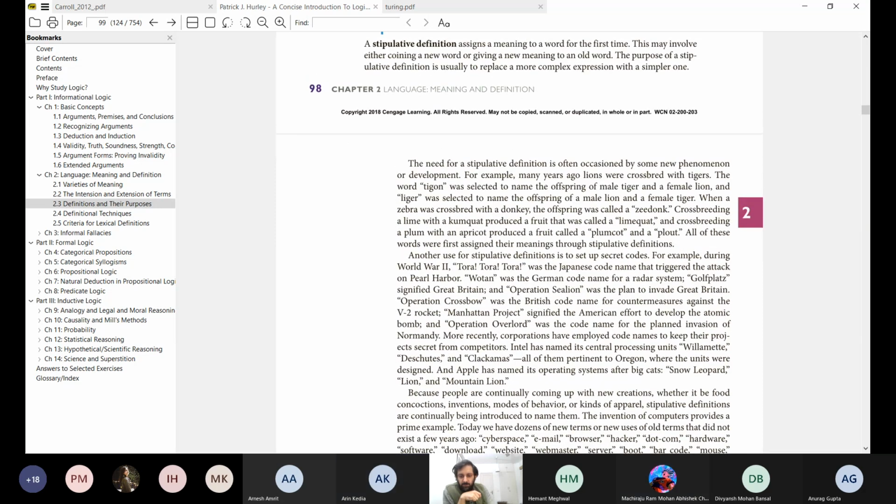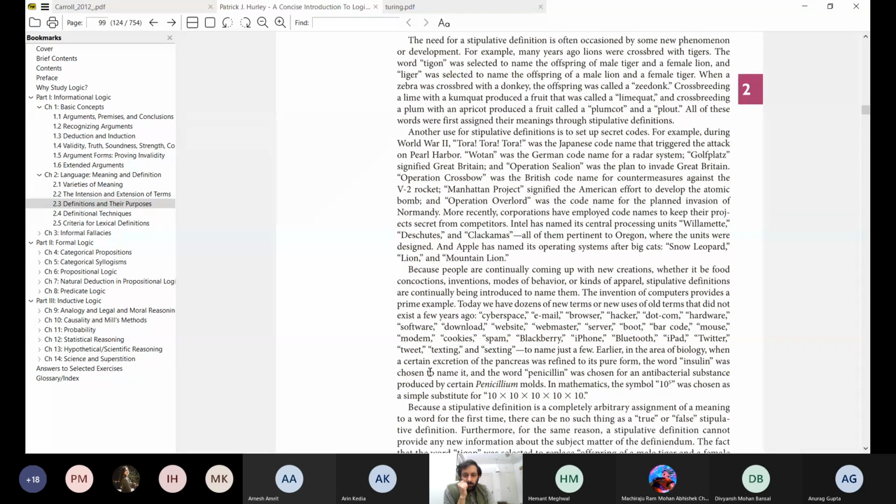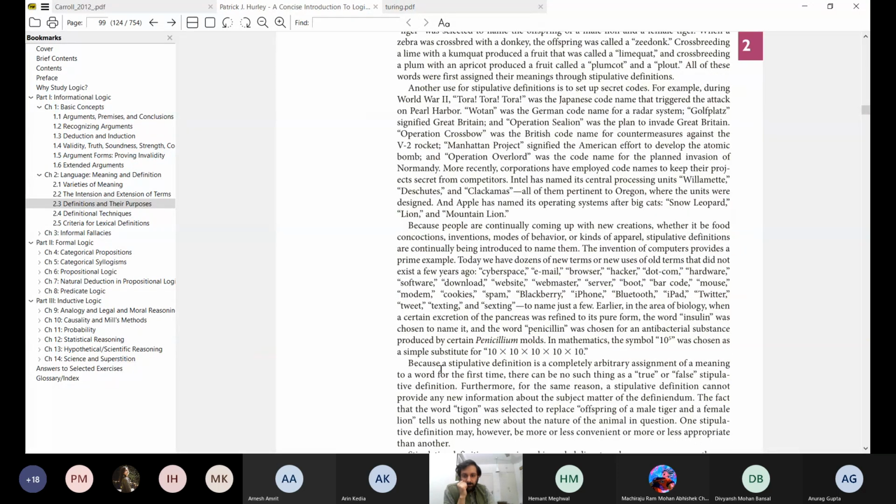So one kind of case where you have stipulative definitions are cases where, look, you're introducing a word for the first time into the language. You're coming up with a word and saying, look, from now on, this is what this word is going to mean. I'm going to skip several paras and maybe even skip the computer stuff.